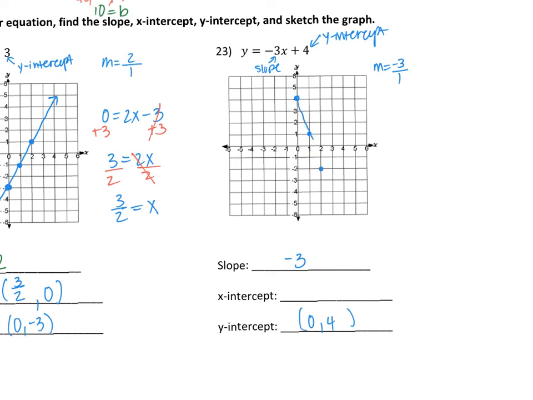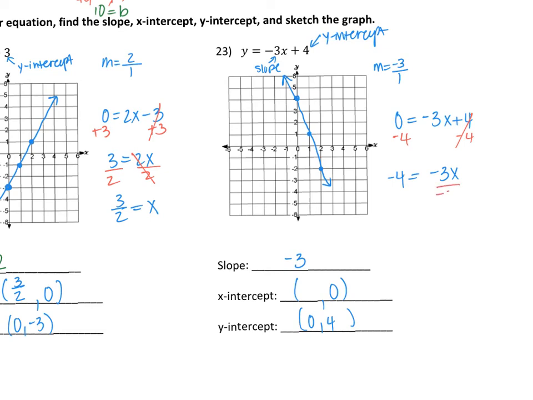And again, this one doesn't hit the x-axis perfectly. It kind of hits it between two numbers. So I think it could have been 1/2, but I'm not sure. So let's see by plugging in 0 for y. So we can always plug in 0 for y to find the x-intercept. So if I subtract 4, that cancels. -3x equals -4.